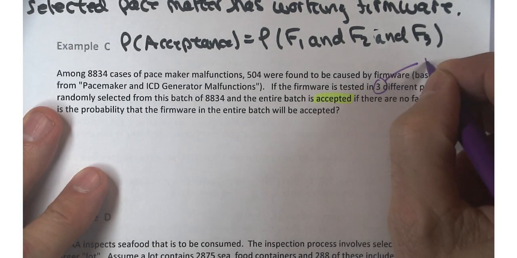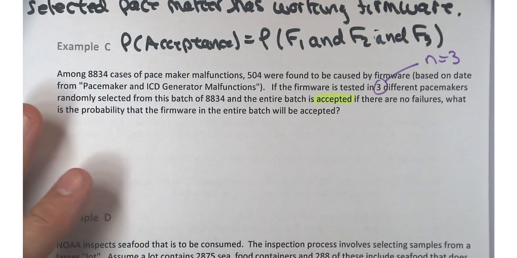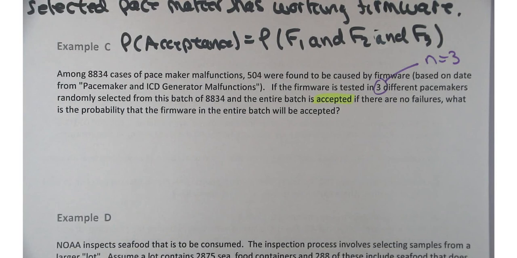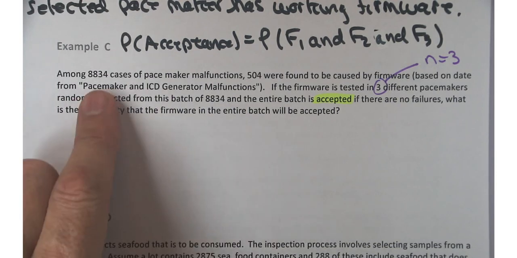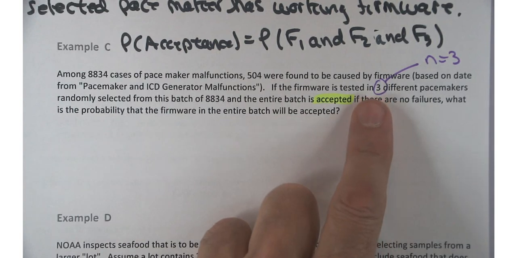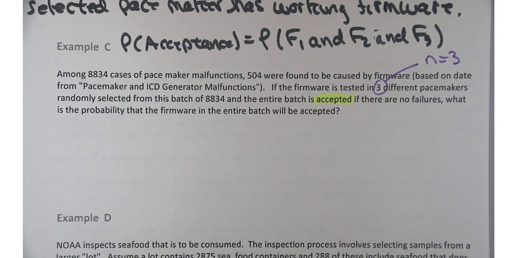N equals 3, that's your sample size. Yeah, that's pretty easy. 5% of this is definitely bigger than 3. So because of the 5% rule, we can get away with treating these things as independent.